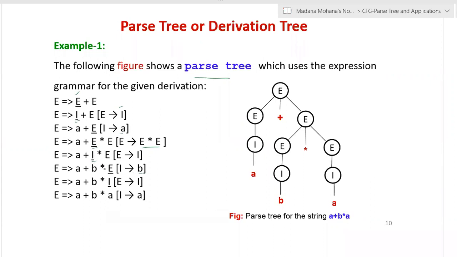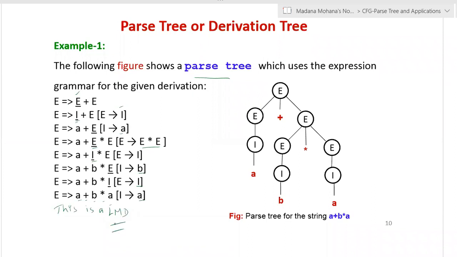So now a plus b into, now only one variable, which is replaced again by a variable I. Now I is replaced by a terminal. So finally we got the string a plus b into a. In each and every step we substituted in place of the leftmost variable. Therefore this is a leftmost derivation.